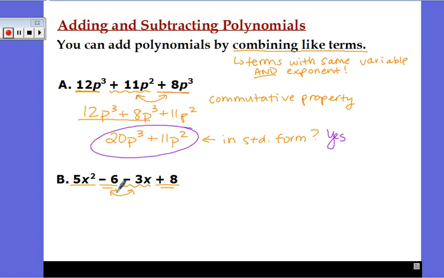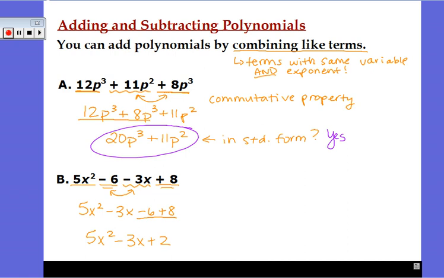Again, make sure that you use the commutative property and you take the sign in front of the number. We're going to rewrite it as 5x squared minus 3x minus 6 plus 8, and then combine the -6 plus 8 to get 5x squared minus 3x plus 2. Again, we check for standard form.